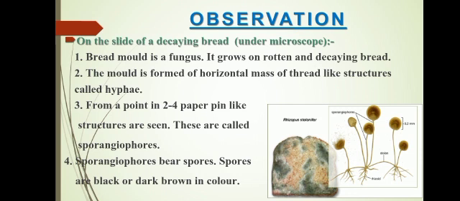The mold is formed of a horizontal mass of thread-like structures which is known as hyphae. From a point, 2 to 4 pin-like structures are seen. These are called sporangiophores. These sporangiophores bear spores. These spores are black or dark brown in color.